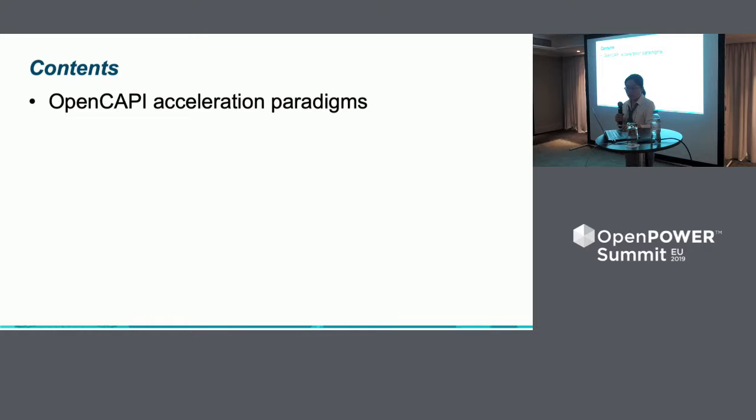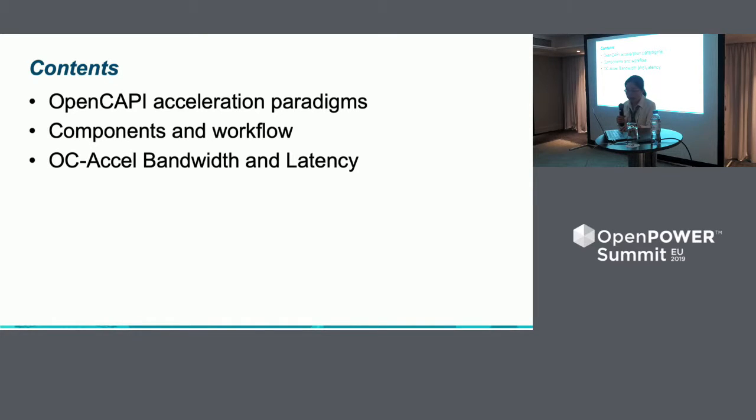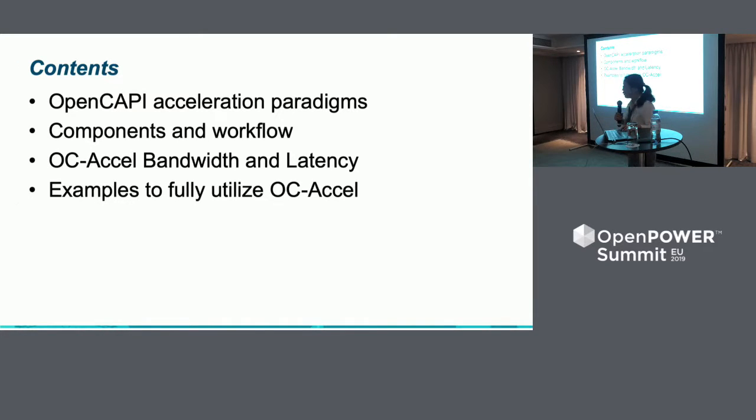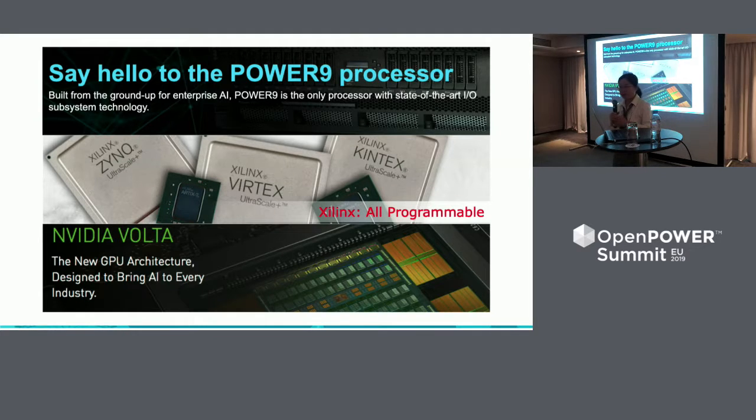Okay, so today I will introduce a little bit. Maybe I can go quickly into a little more detail about the OC-Accel itself. So let's say hello to the Power 9 processor.